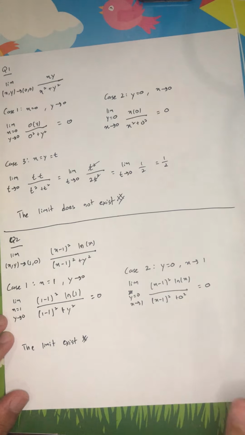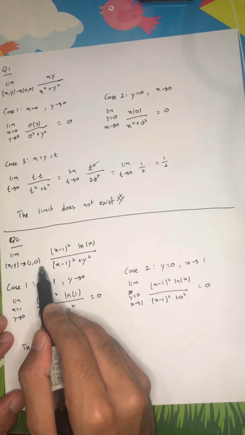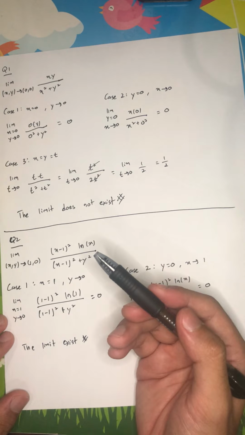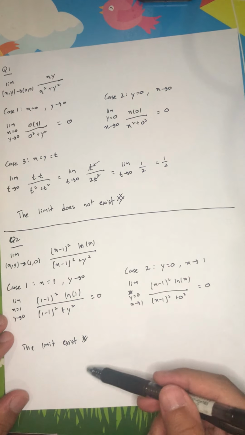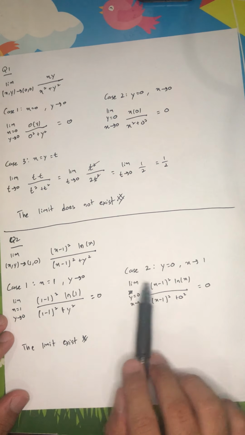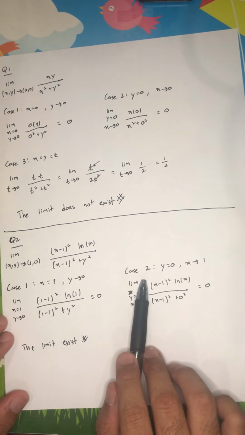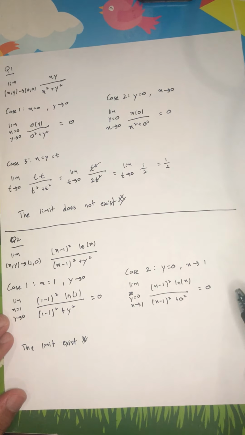Why? Because you can see that the limits are not approaching the same value, right? So I'm thinking why case 3 is not used for question 2, and in the solution it is shown only up to case 2. So I'll try to find the answer by the next tutorial video.